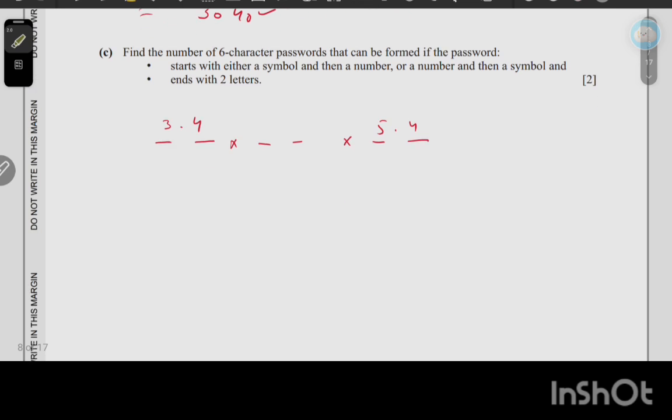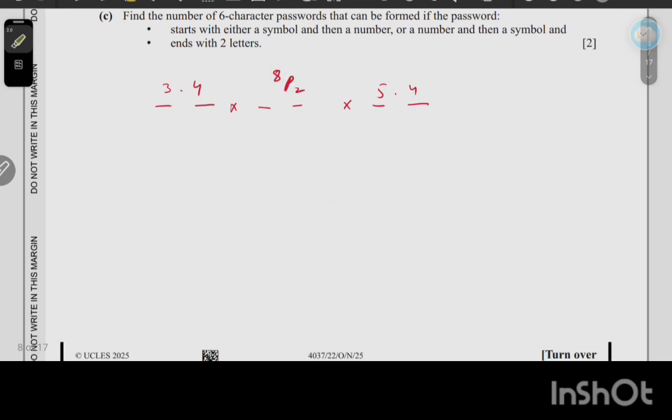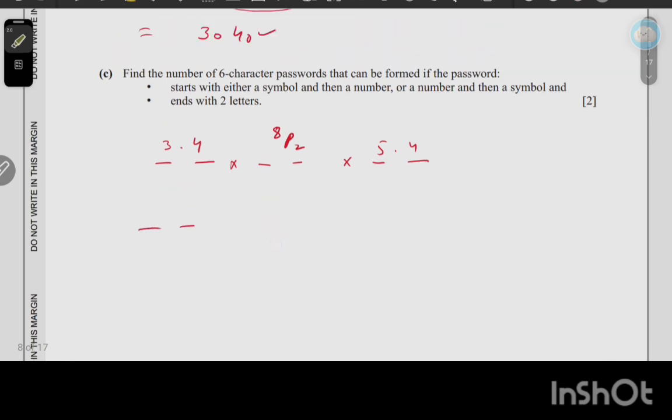Similarly, the pattern we have here is 8p2 remaining. Now here are number and symbol, so this will be 4 multiplied by 3, then 8p2, and here is 5 or 4. This does not change.